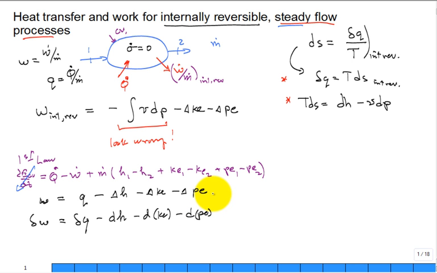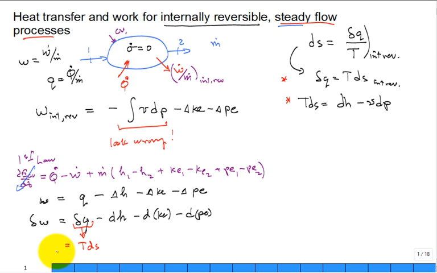I could have stayed with a finite change, or just move it to an infinitesimally small amount. All right, well at this point, we're going to restrict this now to internally reversible processes, so we can replace that by TdS.